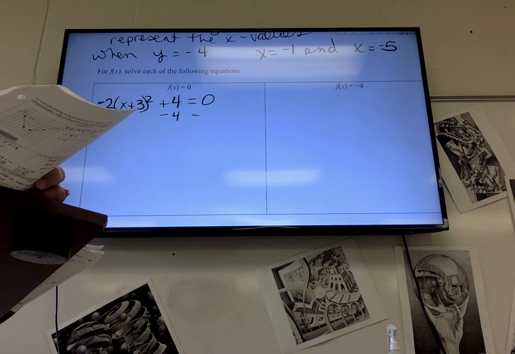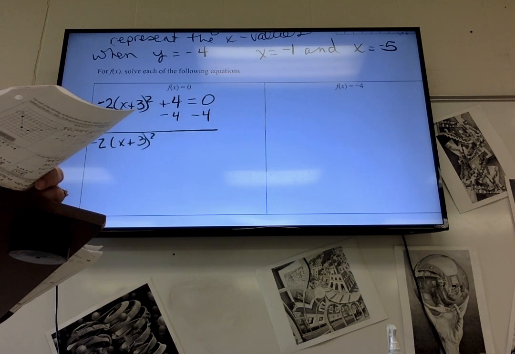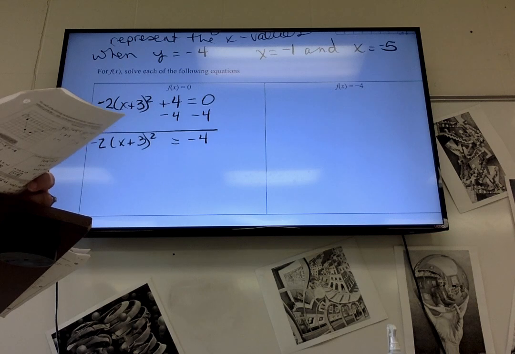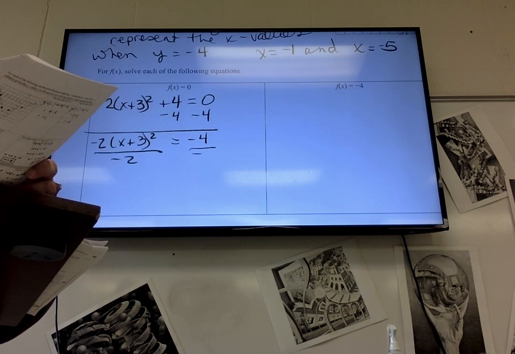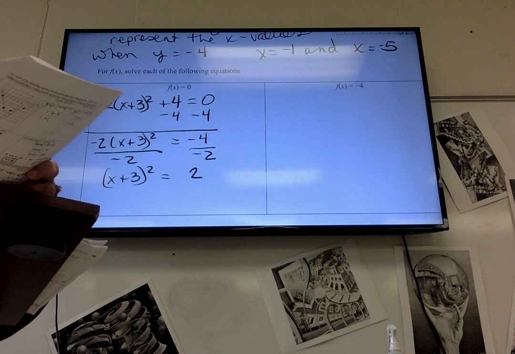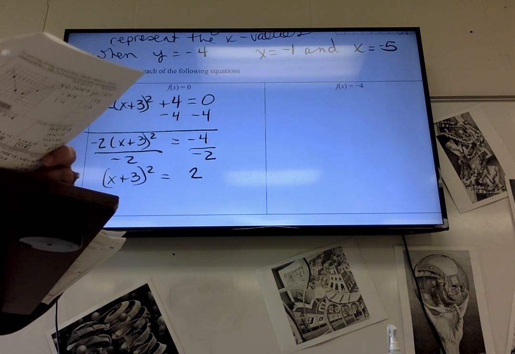I'm going to write down each step for now. Probably won't later as we get into it more. Divide by -2. Good. How do you get rid of a squared? Square root.